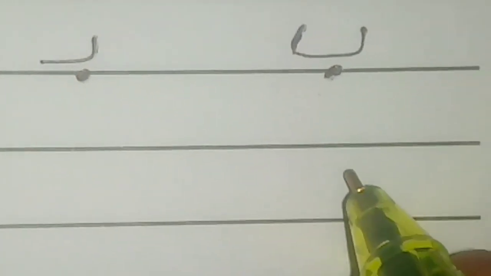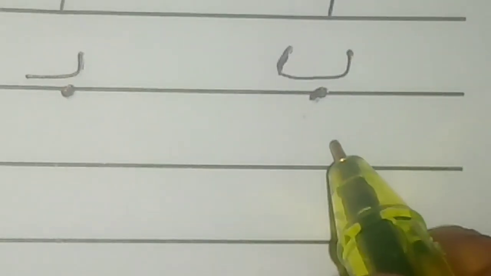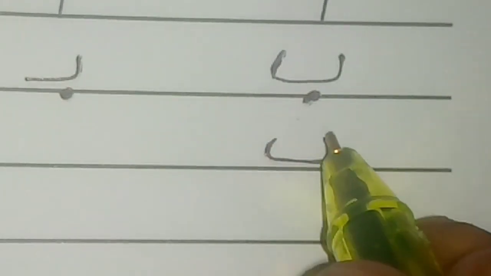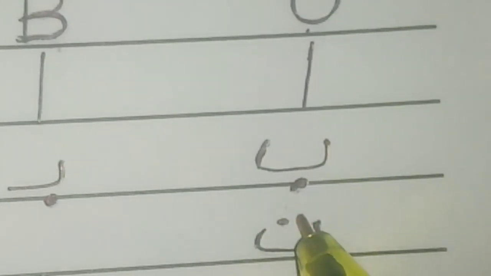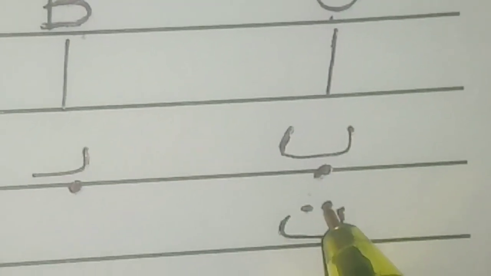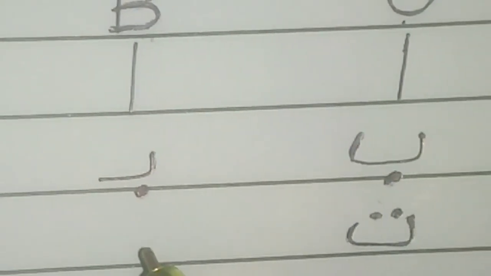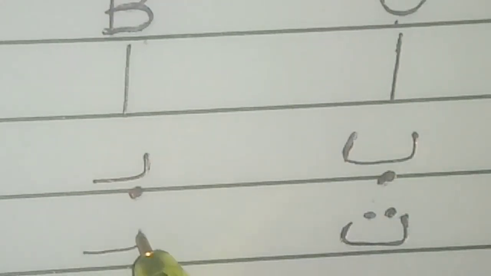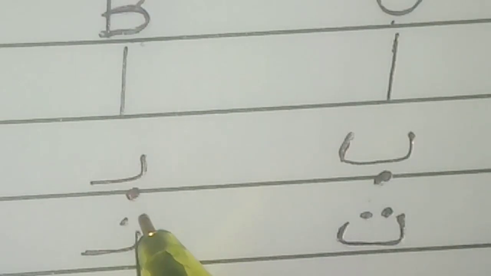Now we have the Ta. The original form of the Ta is that it has double dots above it. At the beginning it also looks like that of the Ba with double dots above it.